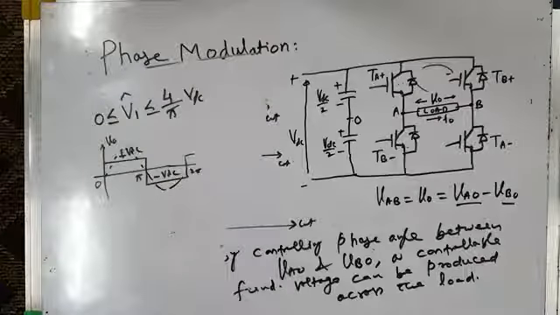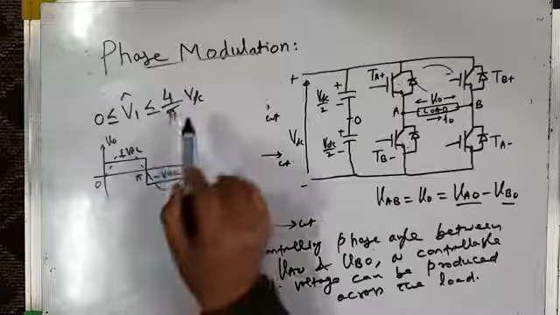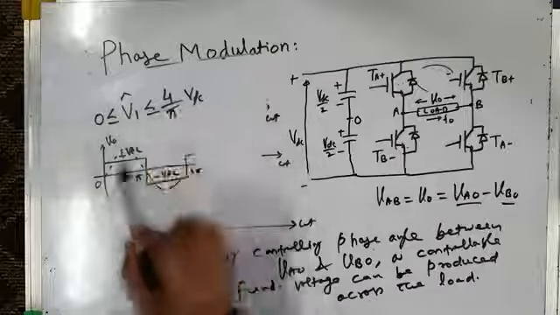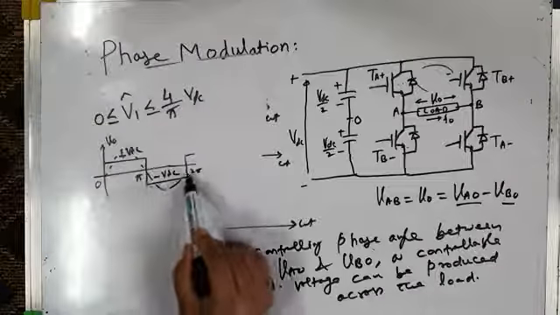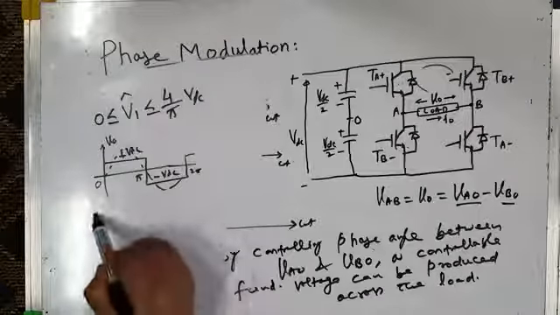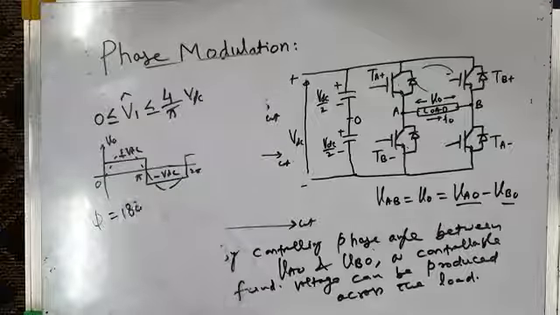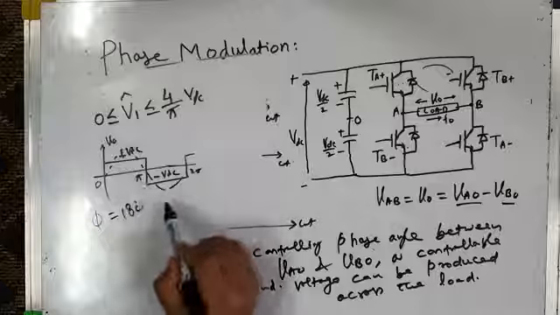We have already made these calculations using Fourier series in module number 2. So maximum inverter output voltage is 4 by pi VDC, and that is when the phase angle between the two pole voltages is 180 degrees, and square wave operation results.